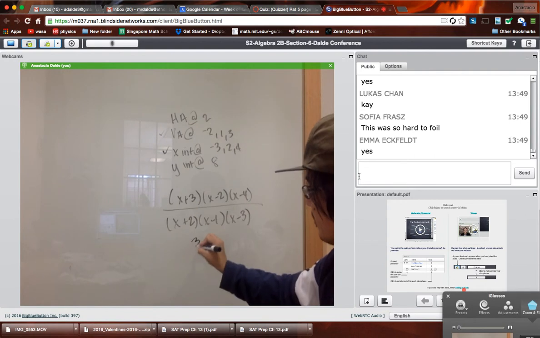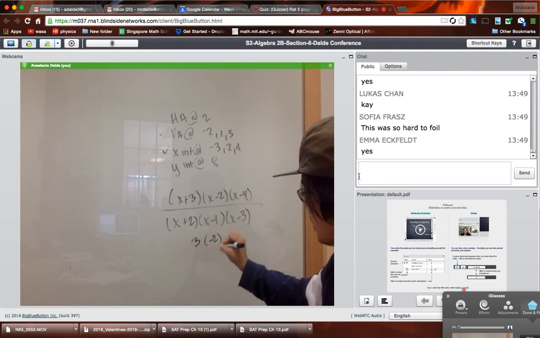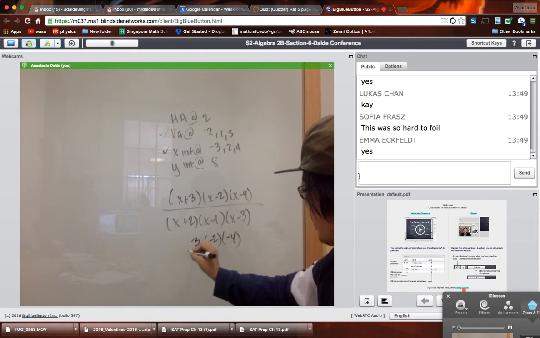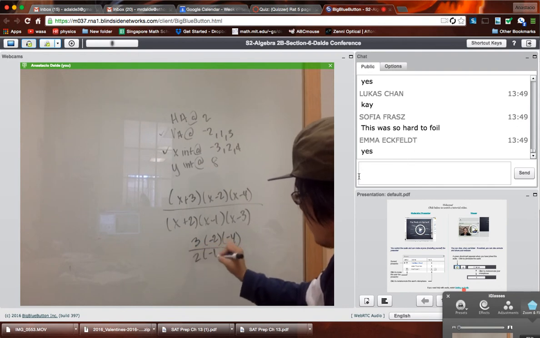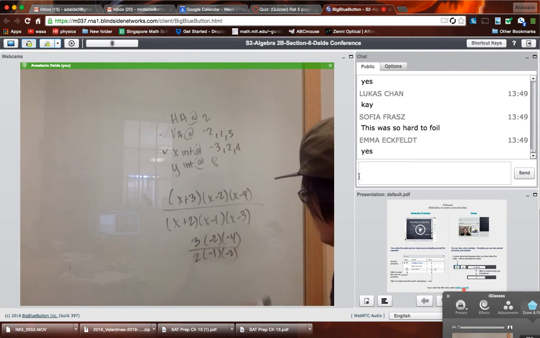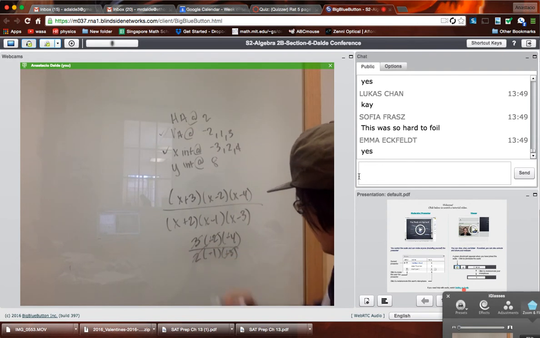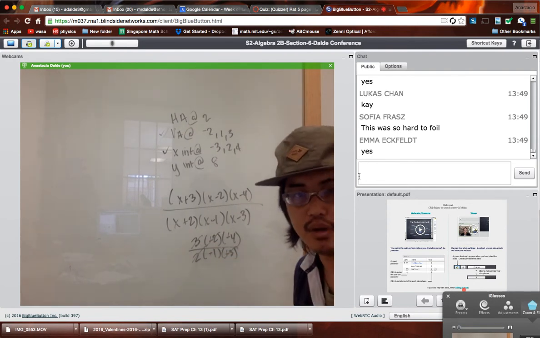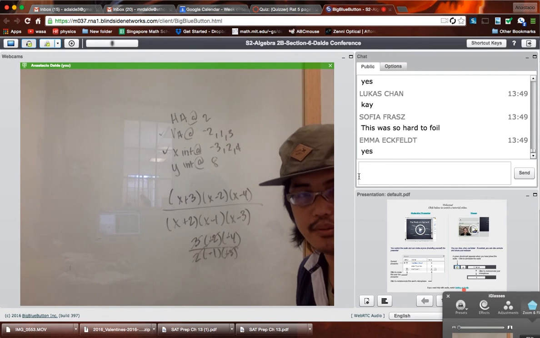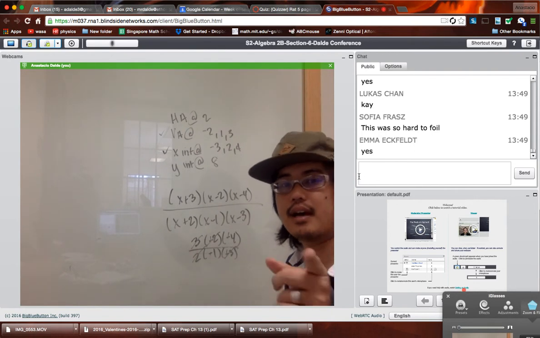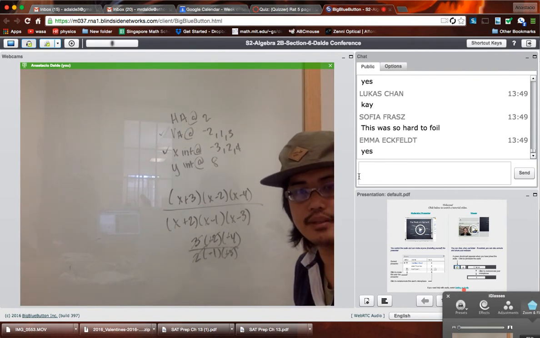So I really have 3 times negative 2 times negative 4 divided by positive 2 times negative 1 times negative 3. So the negative cancels out with that negative, the 3 cancels out with that 3, and this cancels out with that. So I really have 4 divided by 1, which is 4. It's not the right y-intercept. Do you notice that?